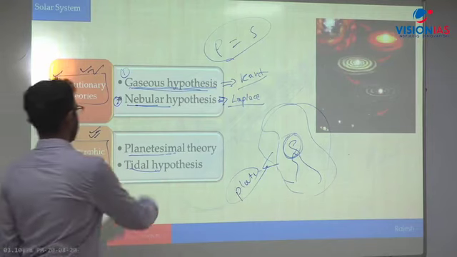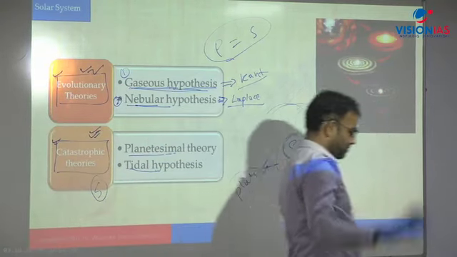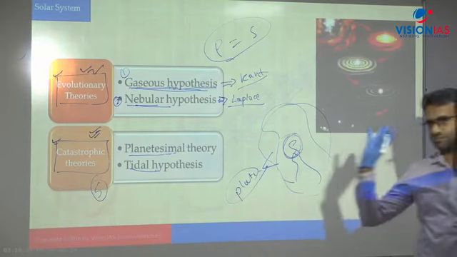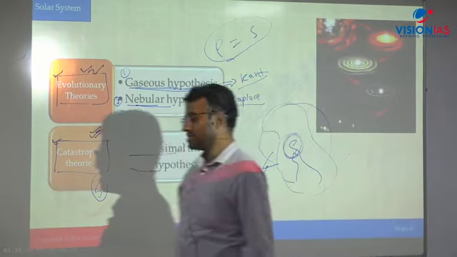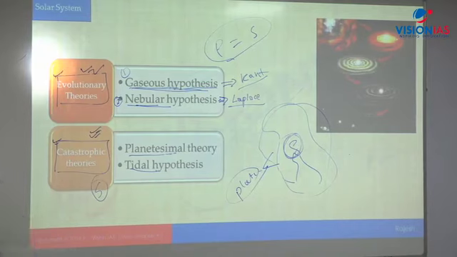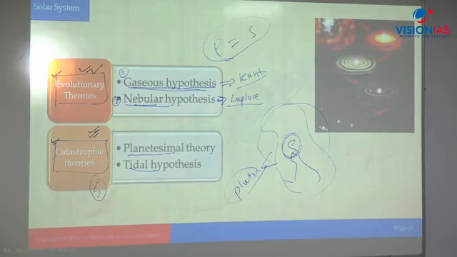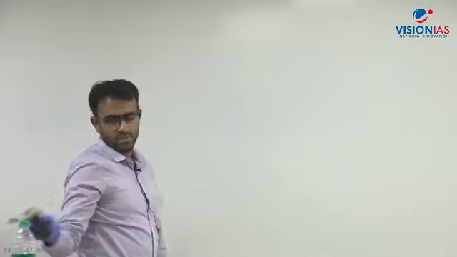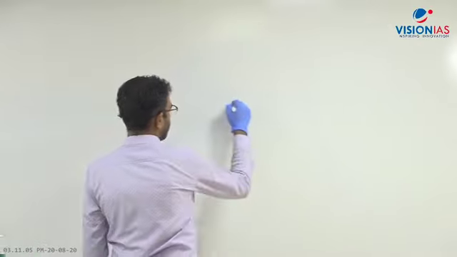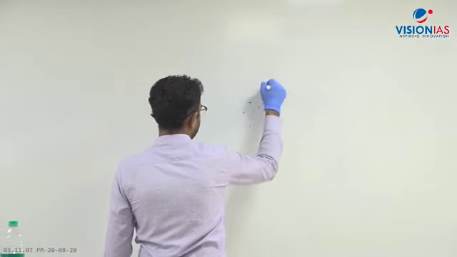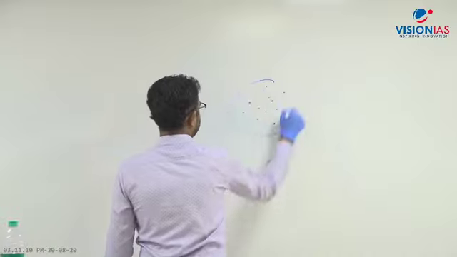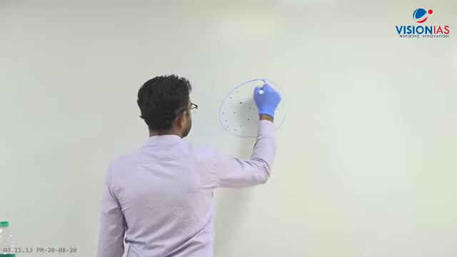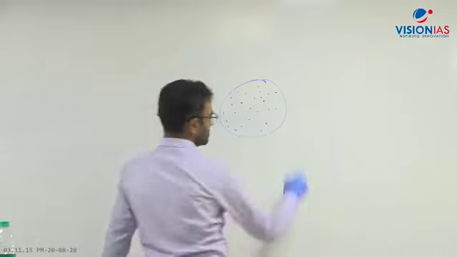So what is this gaseous hypothesis? Gaseous hypothesis of Immanuel Kant was one of the earliest hypotheses which talks about the evolution of solar system. A few of the basic things what the gaseous hypothesis says: there was some kind of supernaturally created hard particles.